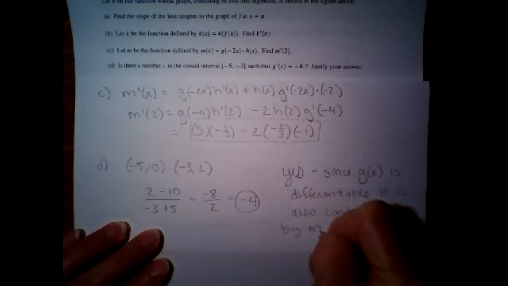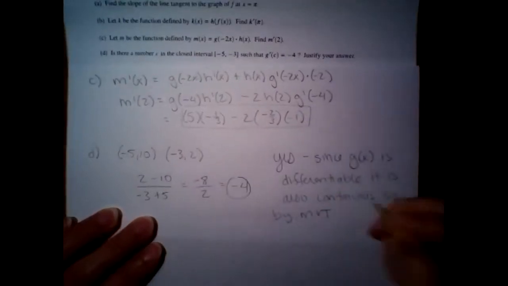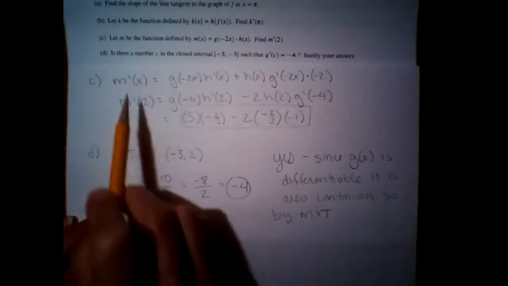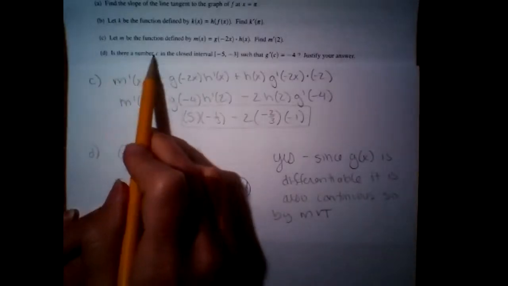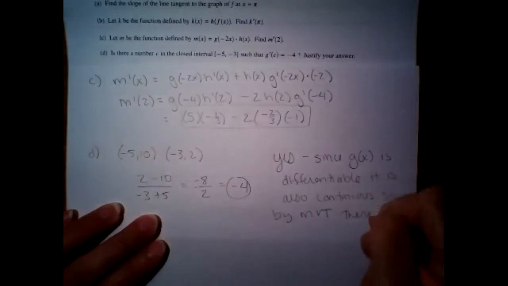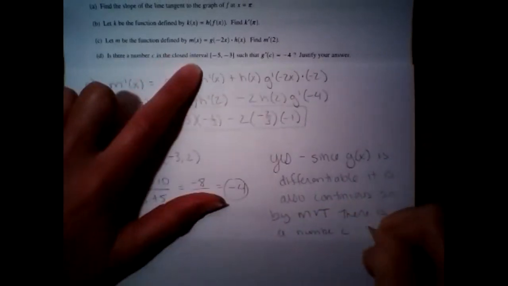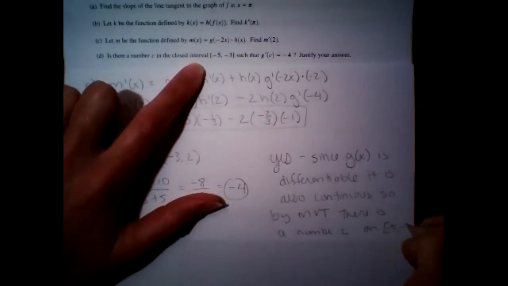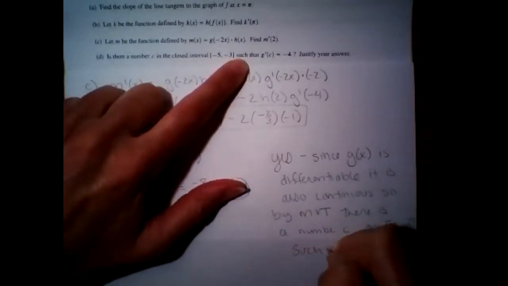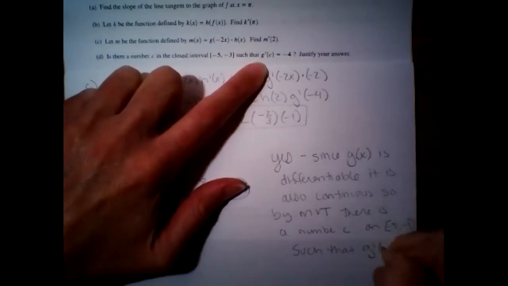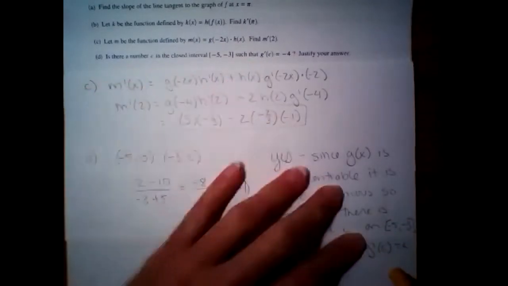So by mean value theorem, and you can abbreviate that, and then you can just repeat what they said. By mean value theorem, there is a number C on negative 5 to negative 3 such that g prime of C equals negative 4.